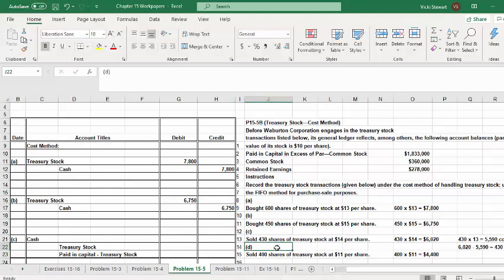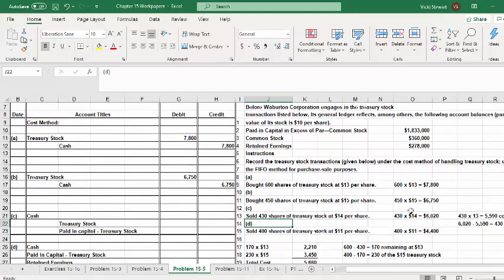The C portion states that we sold 430 shares of treasury stock at $14 per share. So using the FIFO method, the first shares we bought would be considered to be the first ones that we sold. So of the 430 shares, we're going to say that those came from this group of treasury shares that we purchased at $13 per share.